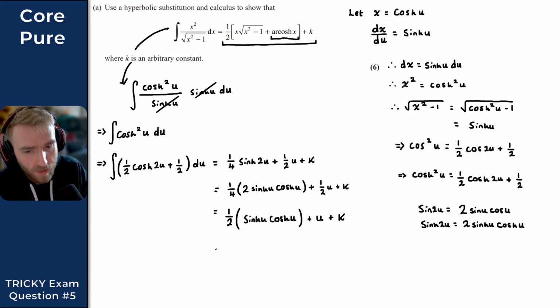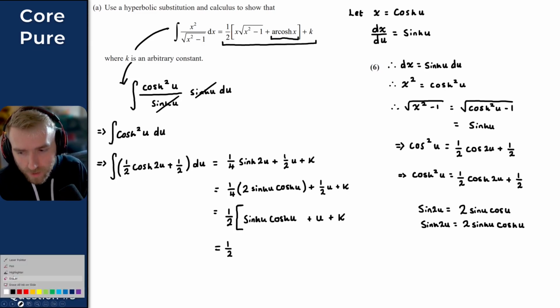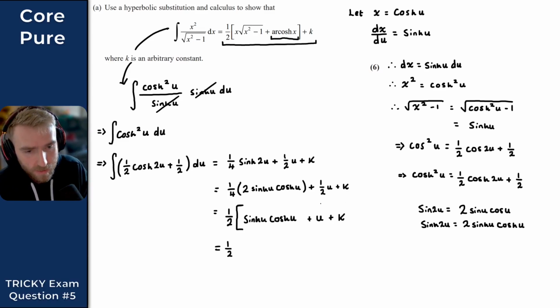So what I've got here is 1 over 2. And really, I should have put square brackets here at this point. Sorry, so this is slightly incorrect. Let me just quickly amend that, just to be precise. Like that, right? So if I continue, sine u is, as we've just mentioned, the square root of x squared minus 1.